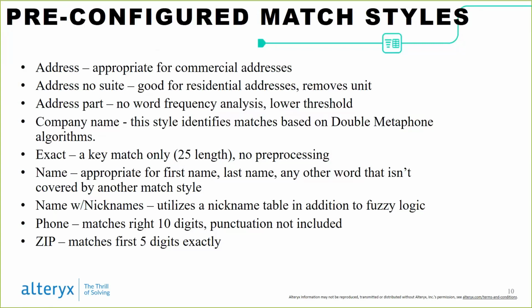So some of these fuzzy matching styles, like names with nicknames, actually have, for lack of a better word, a lookup table in the background. So anytime you see a Dave and you're trying to fuzzy match to a David, or Rick to Richard, for example, something that might seem distant, we have a lookup table that can say, hey, those are actually closer than you think. You can set what type of penalty, if any.